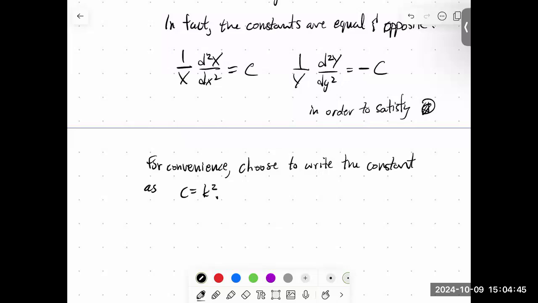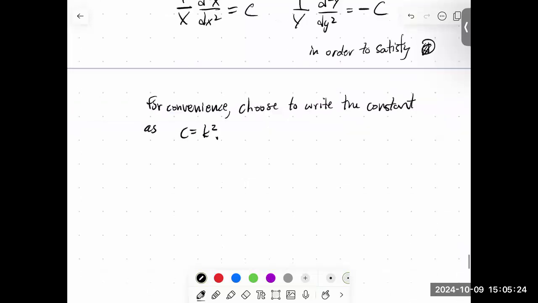It's not really hard to see why I'm making that choice. We're going to try to solve for big X and big Y. They're going to involve either exponentials or trig functions, okay? And I'm going to have to take 2 derivatives of those things. If I have a function e to the kx, and I take 2 derivatives, I'm going to get k down twice, and it's going to be k squared. That's why we're choosing the constant to be k squared. It's in anticipation of that derivative acting twice, giving that constant back 2 times.